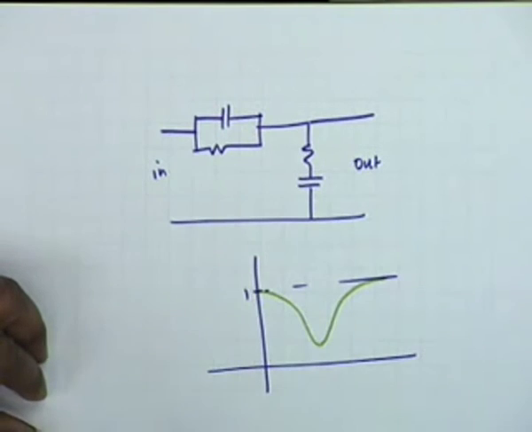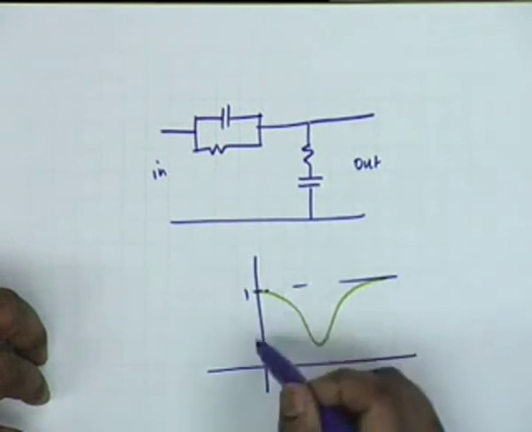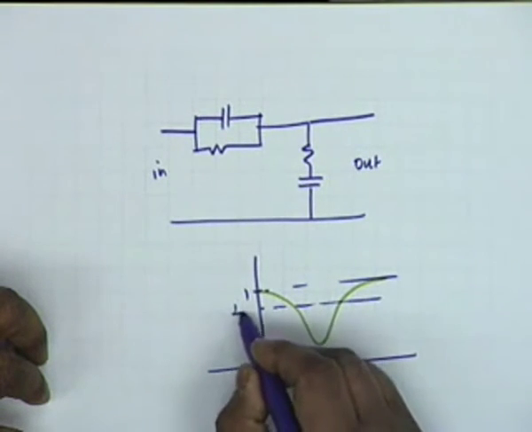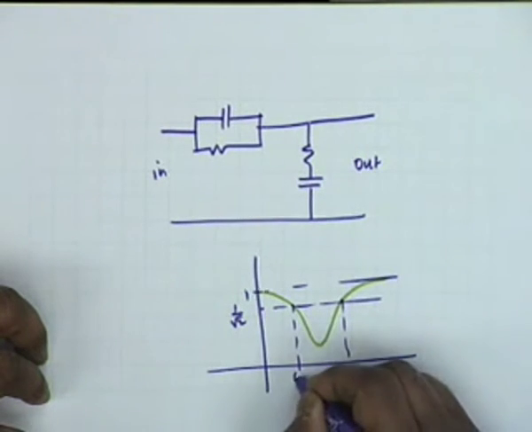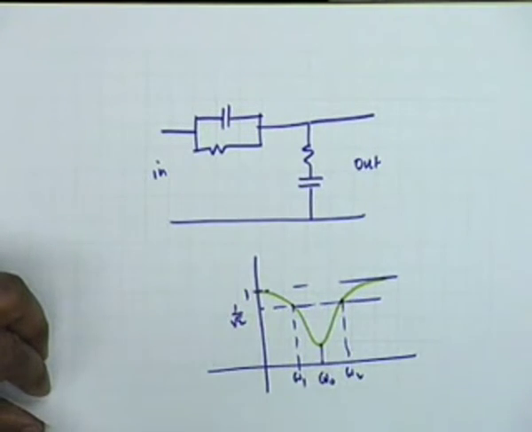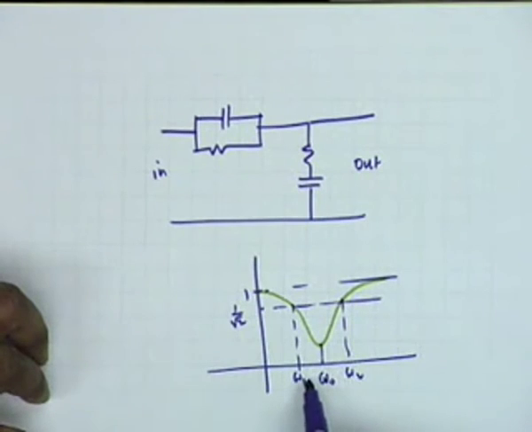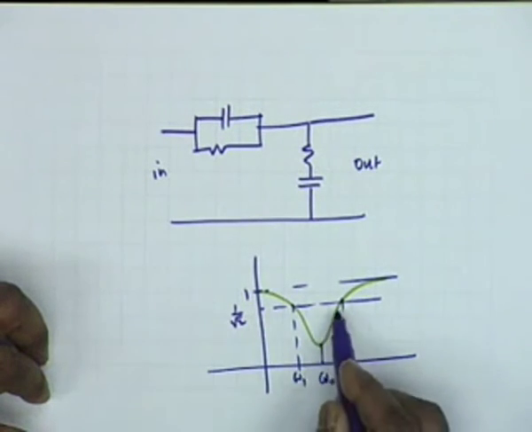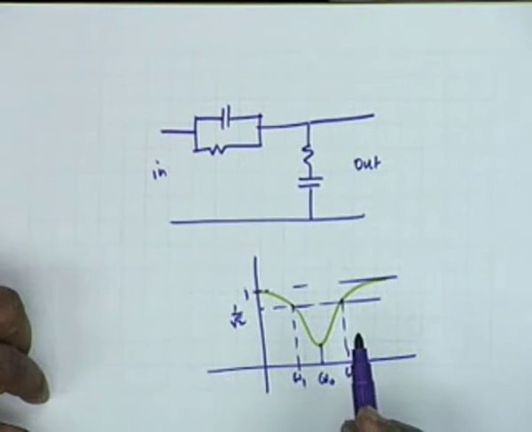This minimum may be 0, may not be 0, but you find the frequencies at which the response is 1 by root 2, and these frequencies are omega 1 and omega 2, and you denote the minimum frequency by omega 0. It is as if the filter rejects this band of frequencies centered around omega 0, and therefore this band is said to be stopped, or non-pass.